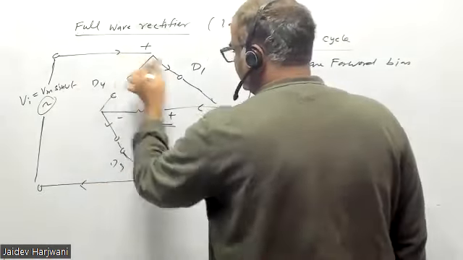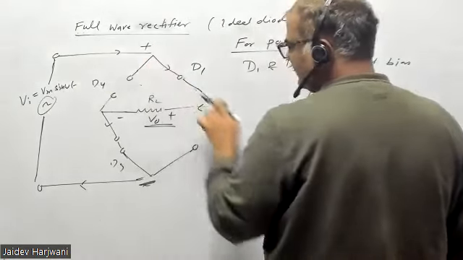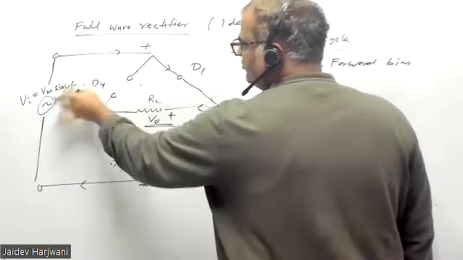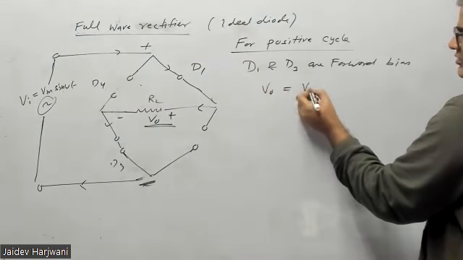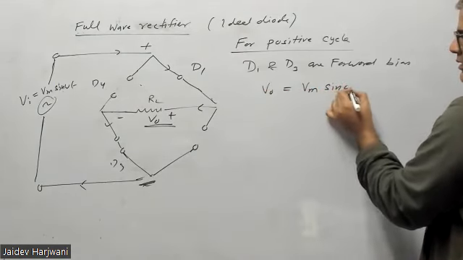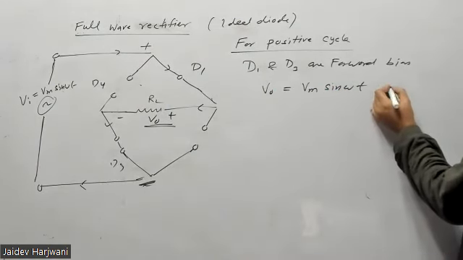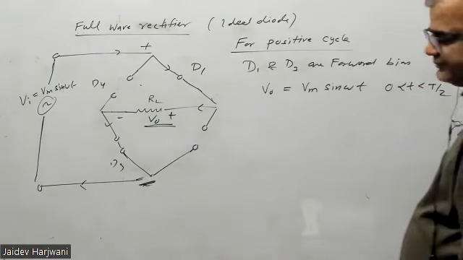Because here no drop is there, whatever voltage here is, same voltage comes here. So my V output is exactly equal to Vm sine omega t for positive cycle. Positive cycle means for 0 to T by 2.